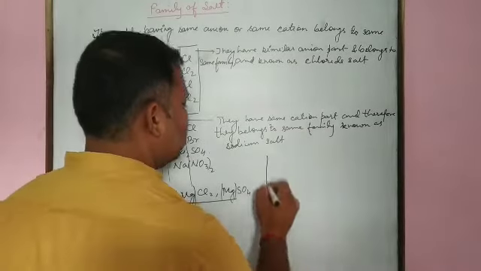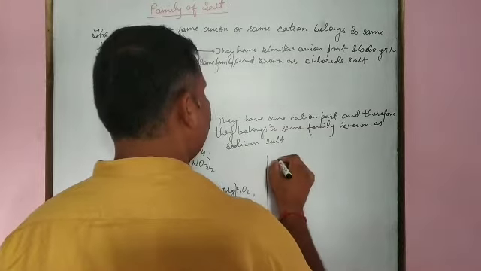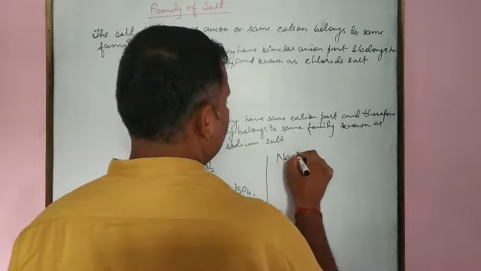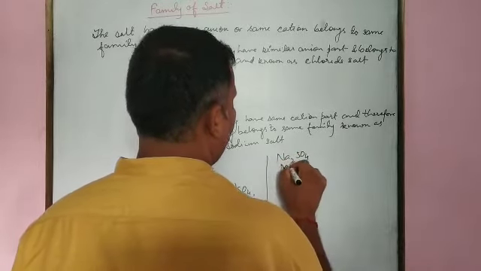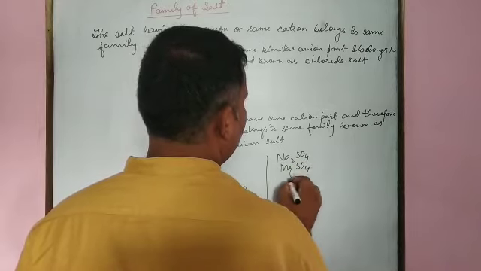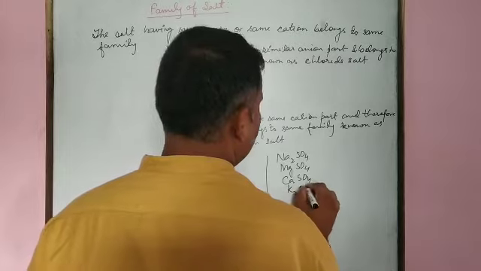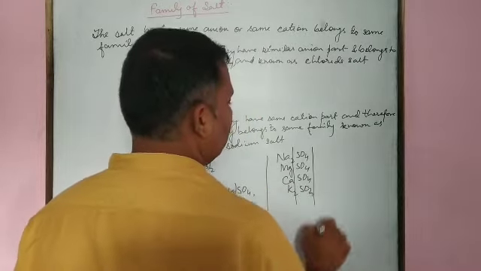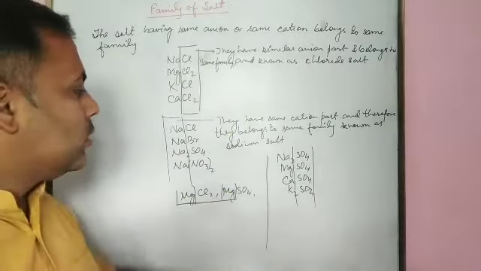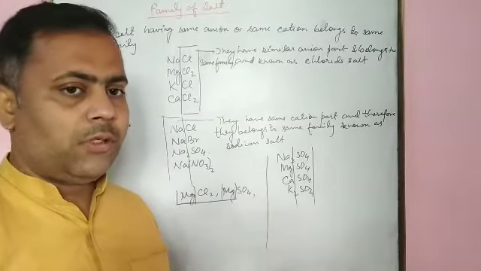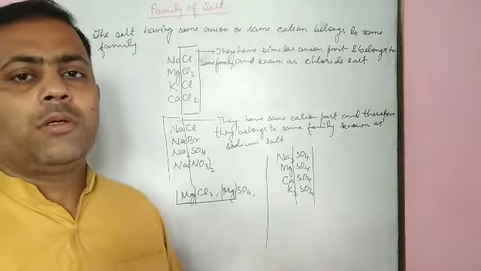If we have the next one, what? Na2SO4, MgSO4, CaSO4, K2SO4. What we see is that they have the same anion part. Therefore, they are termed as sulfate salt.